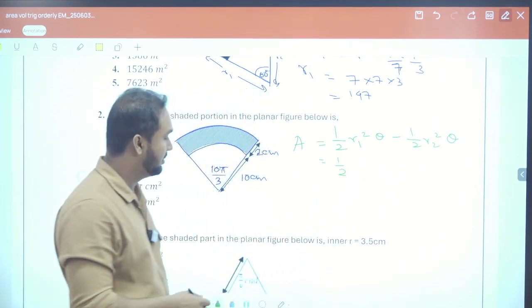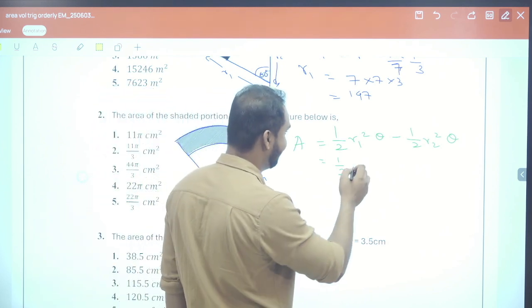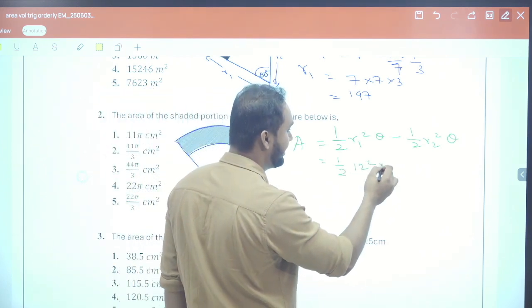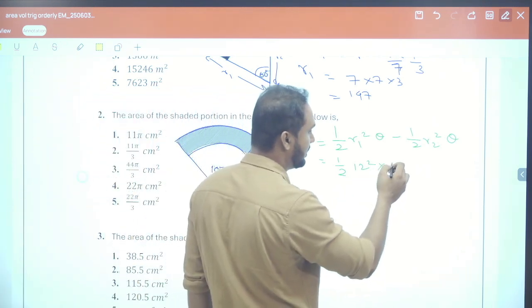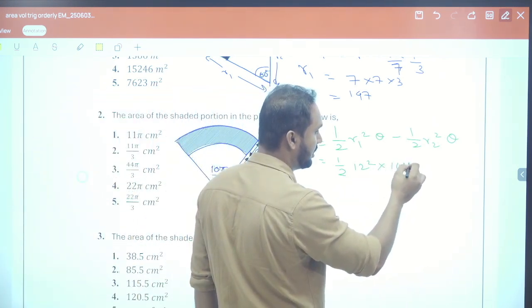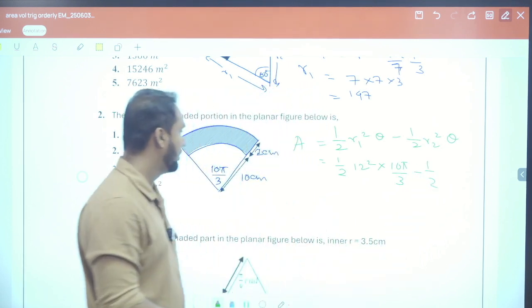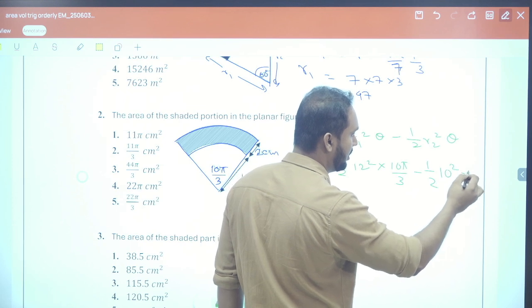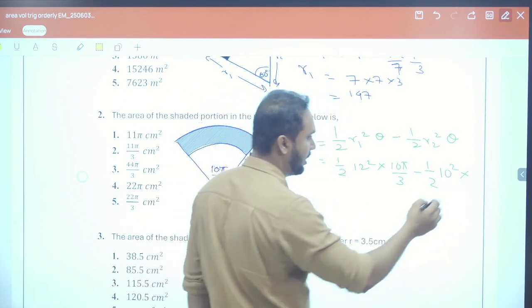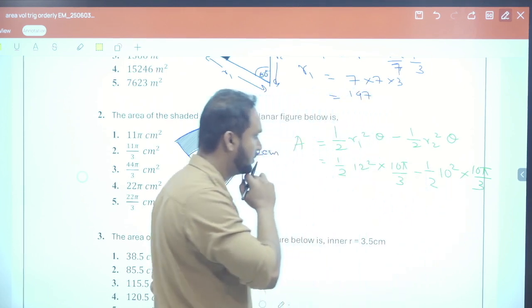So 12 squared, into theta, which is 10.5/3, minus half, what is the r2? 10. So 10 squared into 10.5/3.